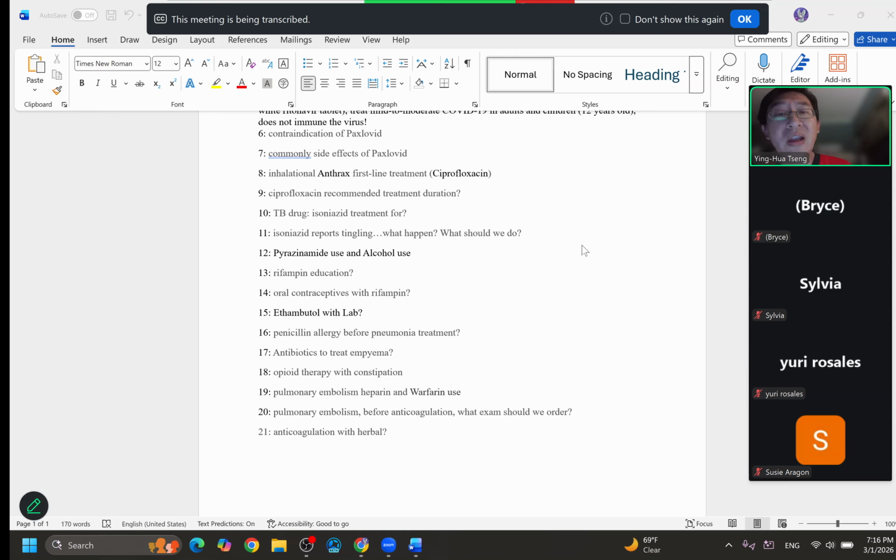Why do we need to use it for life? Because I want to make sure the TB bacteria never, ever comes out. Never. So I want to make sure the TB bacteria stays inactive. We just use isoniazid, but all the TB medications have this kind of function. This is the treatment we're looking for.